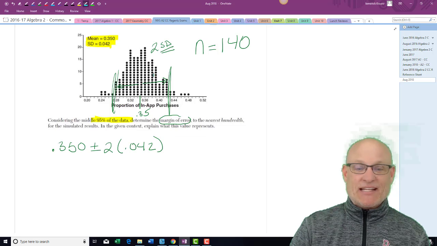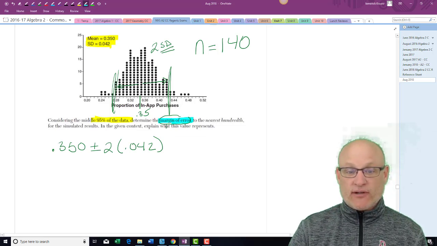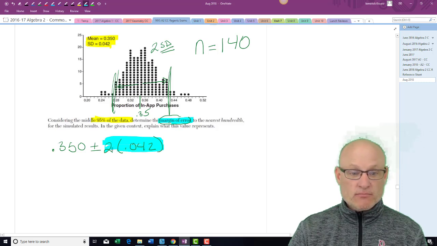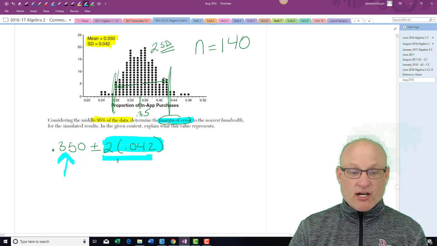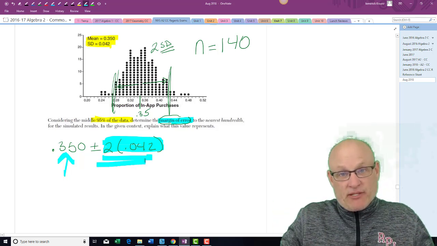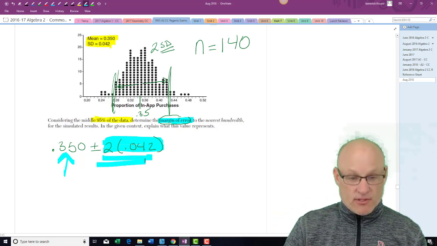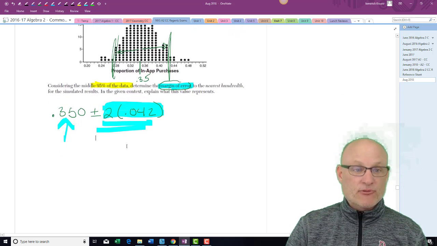This question's slightly different. They're asking just for the margin of error. And this here is your margin of error. In other words, this is the center, and this is how spread out you have to get to have a margin of error and be 95% confident.